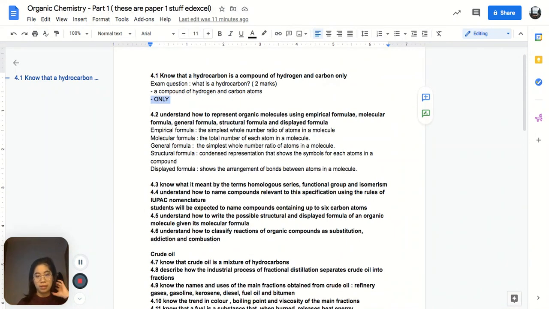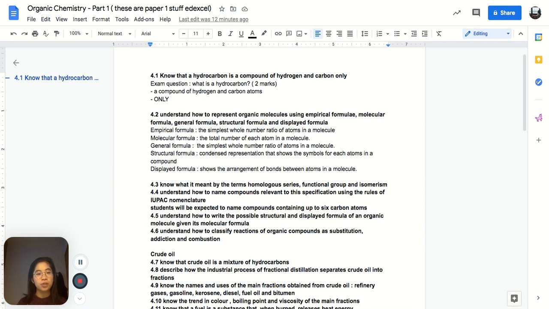Nope, only will give you the second point. I used to not know that until my teacher literally brainwashed us to write only, and I hope I can brainwash you to remember to write only. Okay, so let's move on.